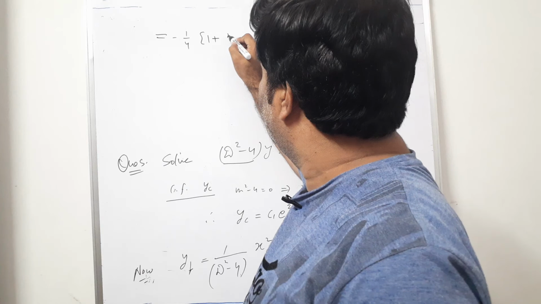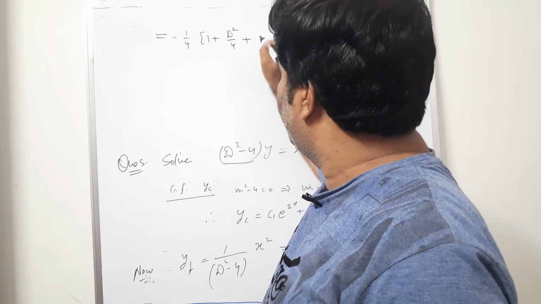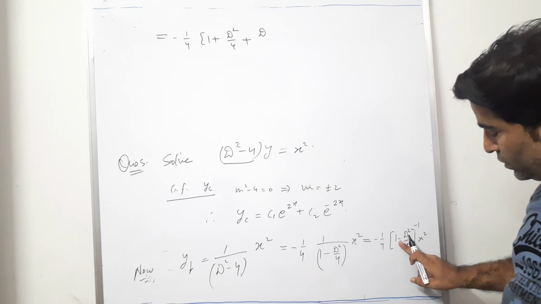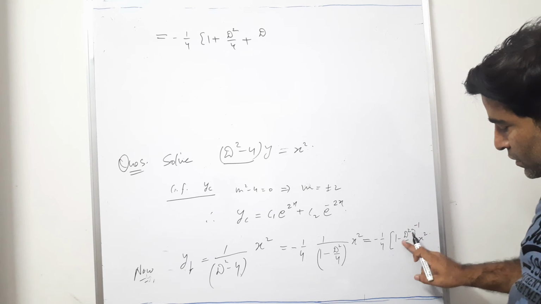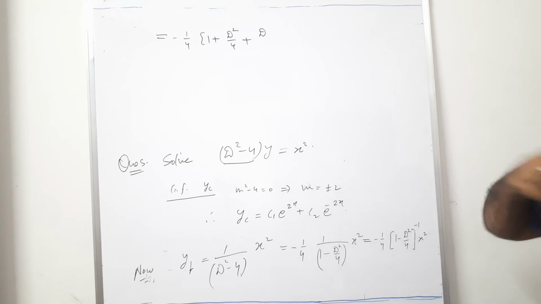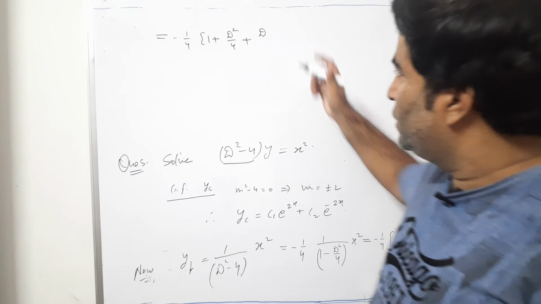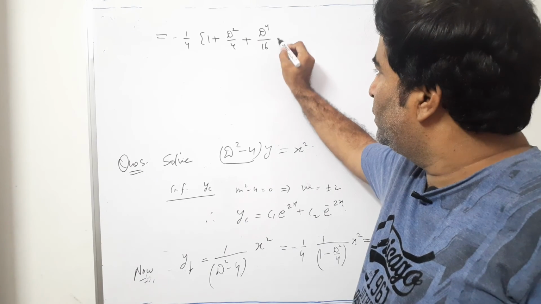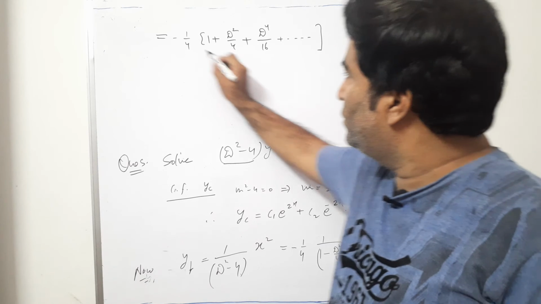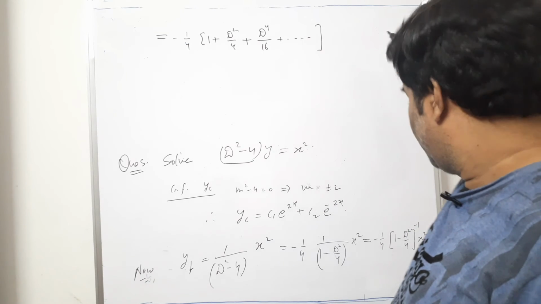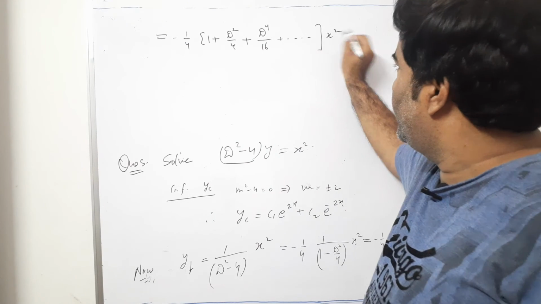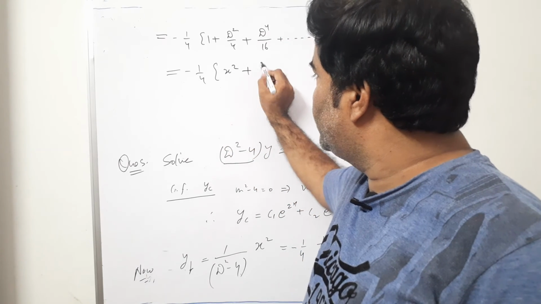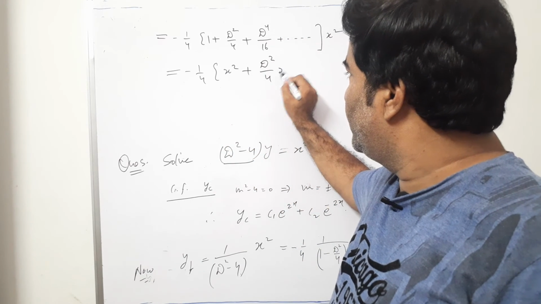So 1 + D²/4 + D⁴/16 and so on, acting on −1/4 x².